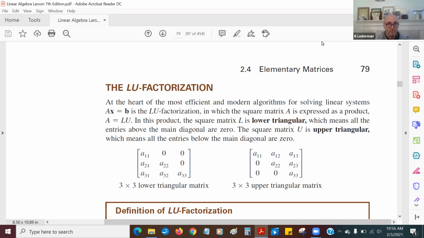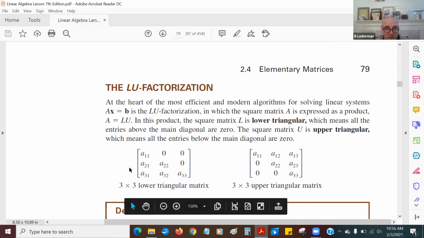So first of all, what is an L? What is a U? L stands for lower and U stands for upper. A lower triangular matrix is a matrix where all the non-zero numbers are in the lower corner. And an upper triangular matrix is one where all of the non-zero elements are in the upper part of the matrix.